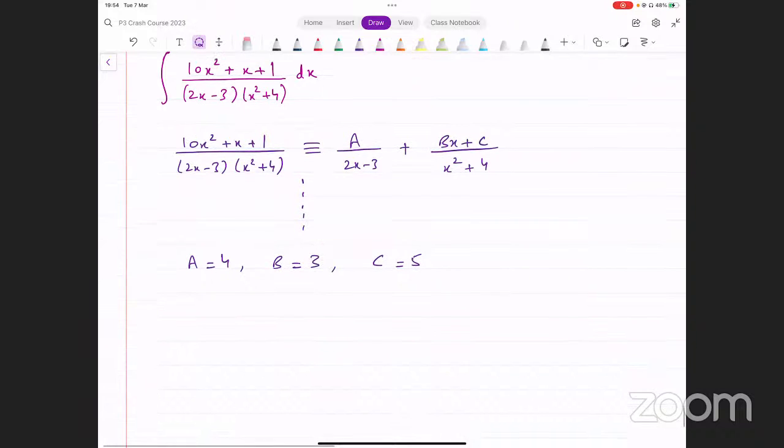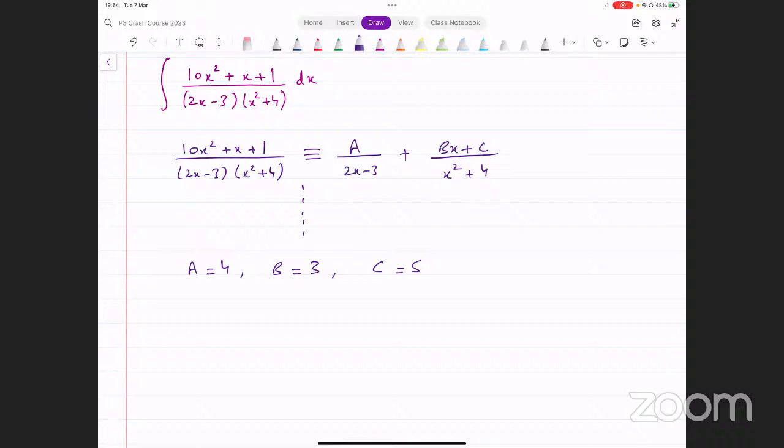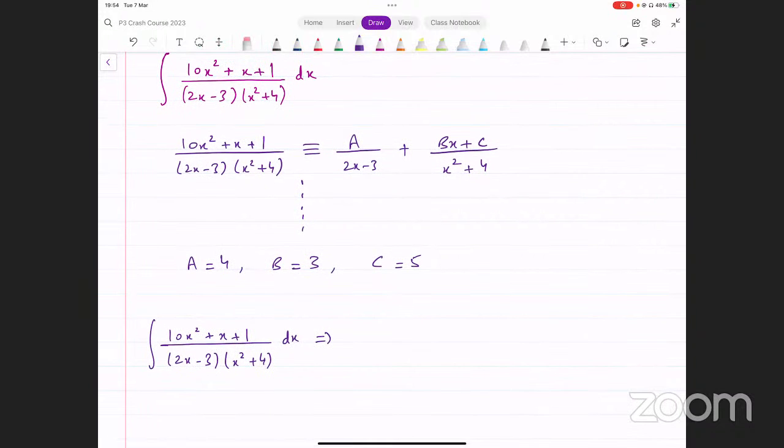What that means is the integral that we had written there, the integral of (10x squared plus x plus 1) divided by (2x minus 3) into (x squared plus 4) with respect to x, could be broken down into two separate fractions like this.